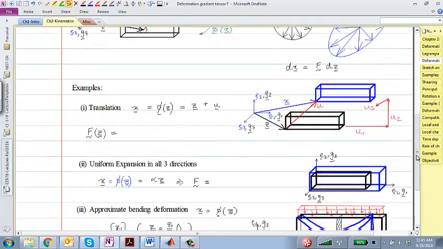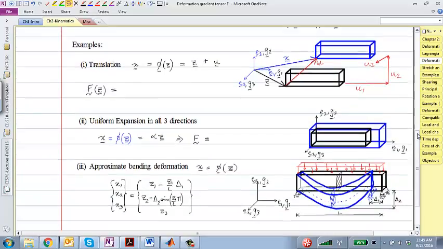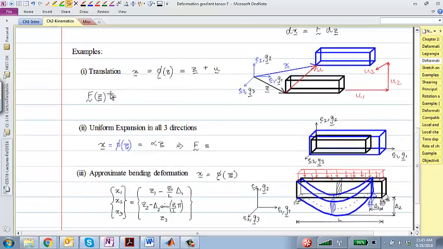Let's take a look at some of these examples of this F tensor field that I'm talking about. We had this simple example of translation. Maybe take a minute or so and let's do all of these. First, I'll do one and then you can do the rest of them.